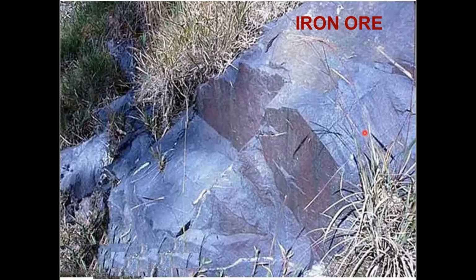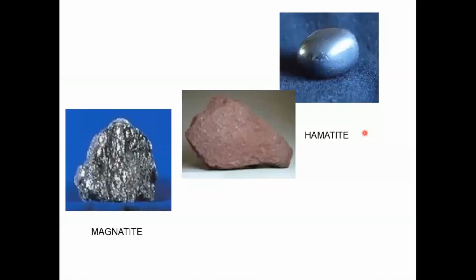Basically, there are two types of iron ore. Though there are four, here we need to know only two types, and those two types are magnetite and hematite ore. When we talk about magnetite, as you know, this is the finest quality of ore, because it has more than 70% iron content, whereas hematite is also important, and this is industrial iron ore.